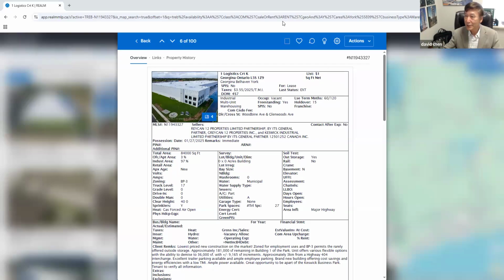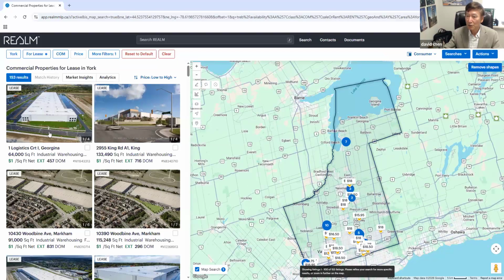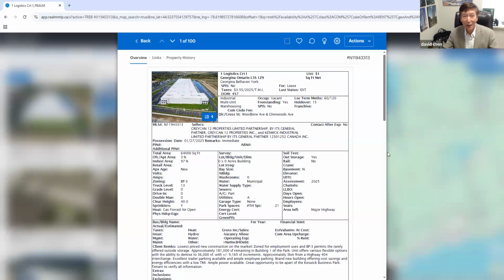Can you guys see this one? Can you see this listing? Anyone? Hello, everyone, can you see that listing? I cannot hear anyone.